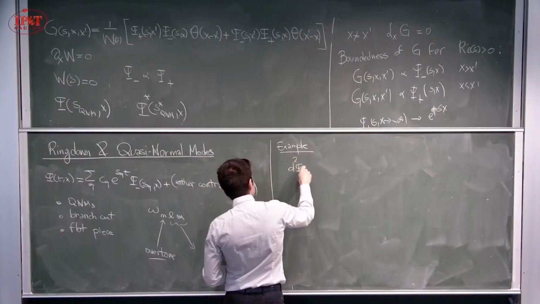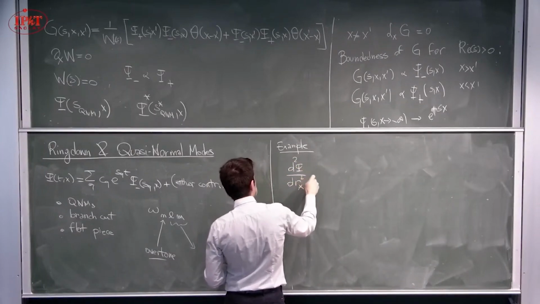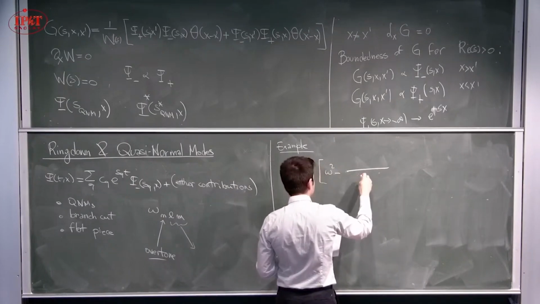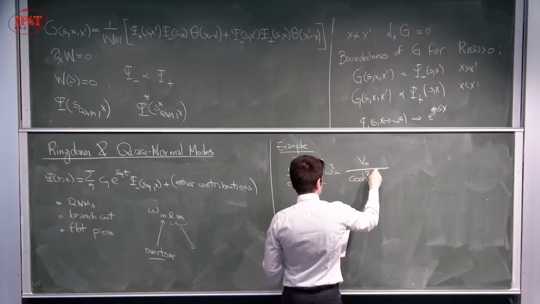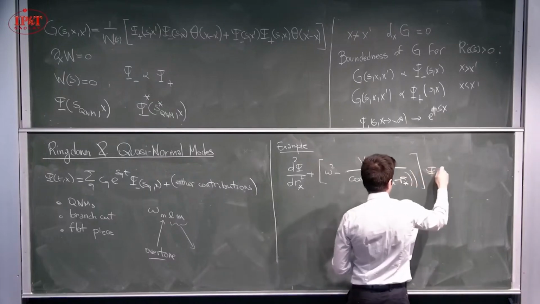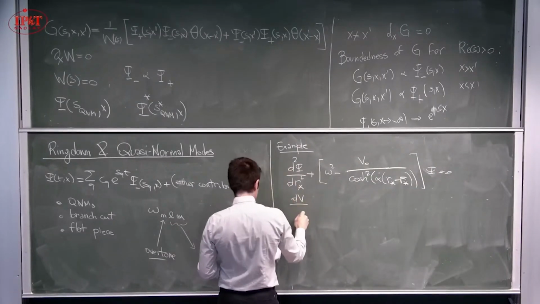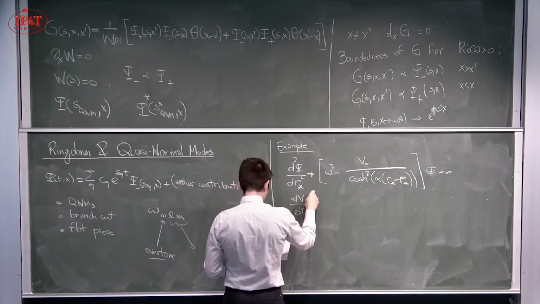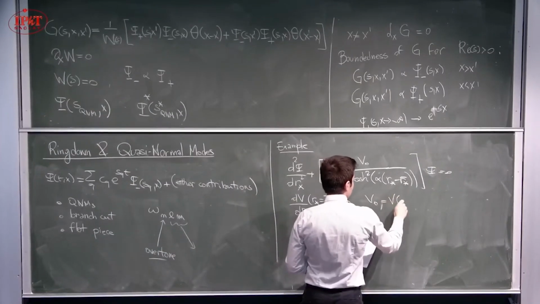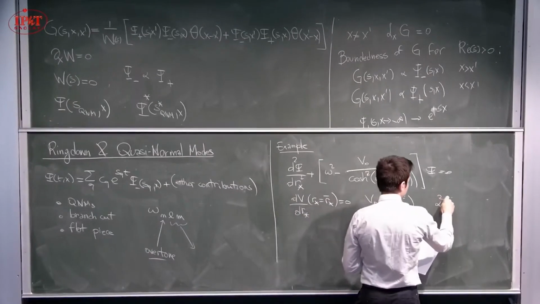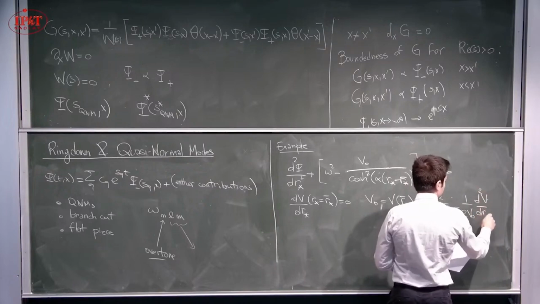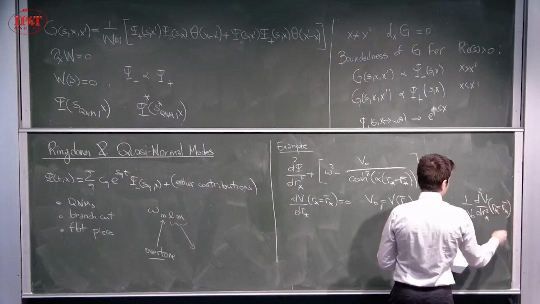Let's consider a toy model in which we modify the Regge-Wheeler equation by introducing some Pöschl-Teller-like potential, with alpha (x star minus x star bar), where x star bar is the value corresponding to the maximum of the potential, V0 is the value of the potential at the maximum, and alpha is defined by the curvature at the maximum.